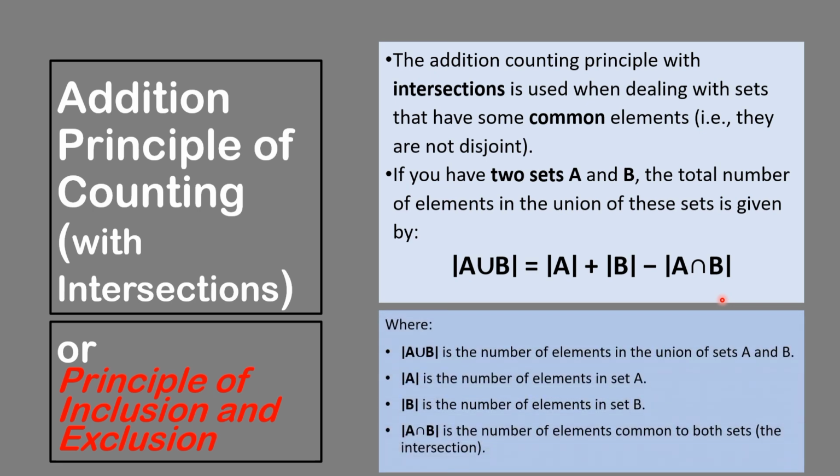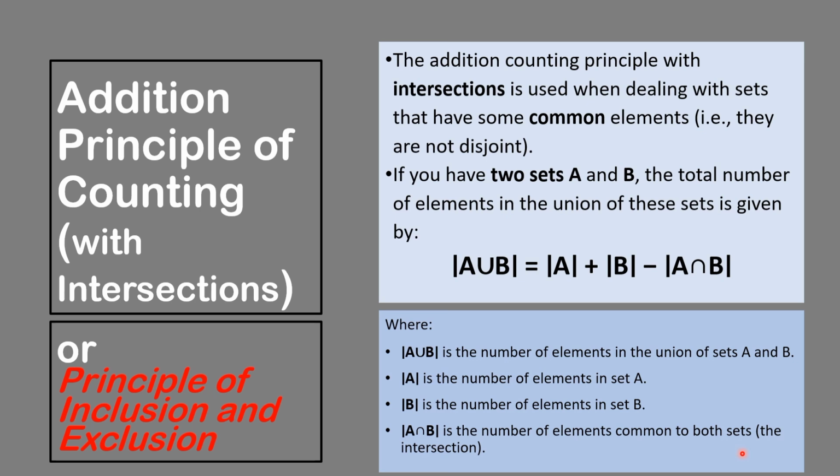where |A ∪ B| is the number of elements in the union of sets A and B, |A| is the number of elements in set A, |B| is the number of elements in set B, and |A ∩ B| is the number of elements common to both sets. It is also known as the intersection.